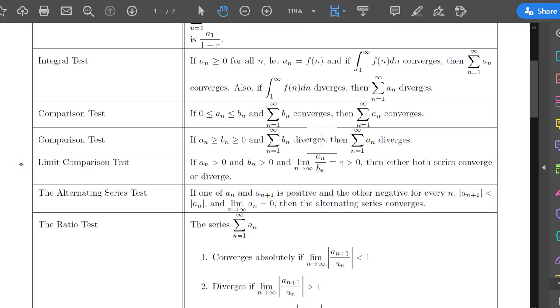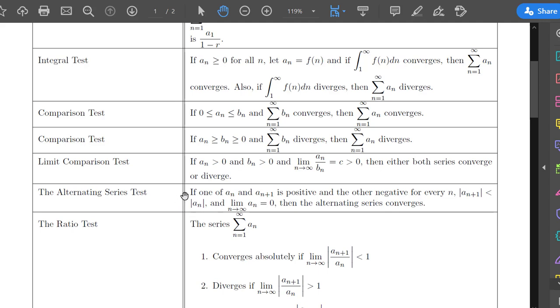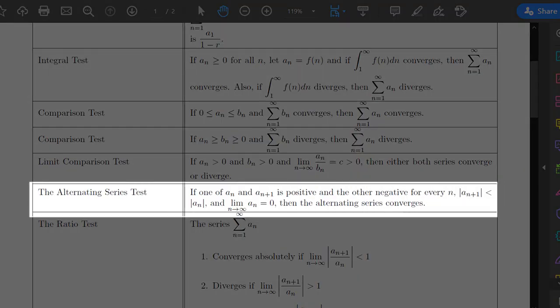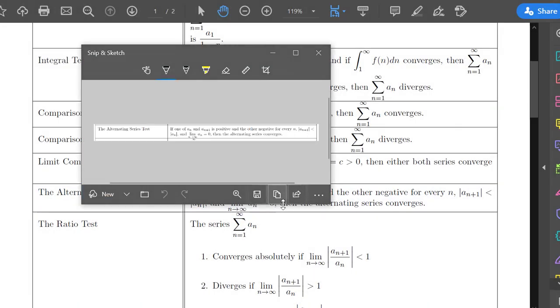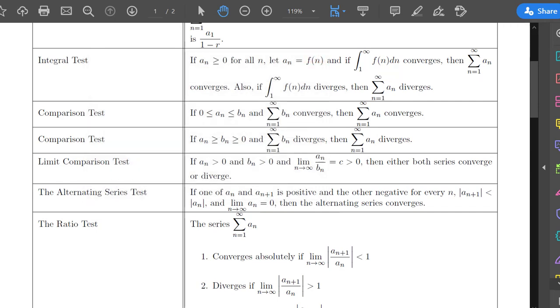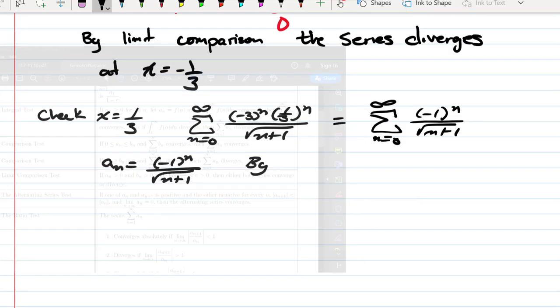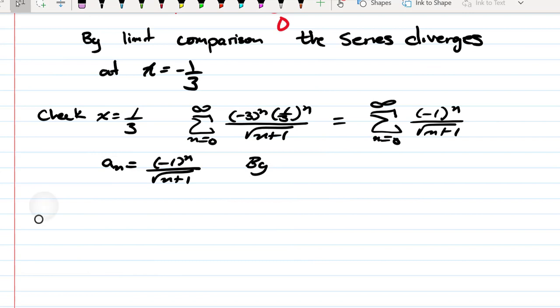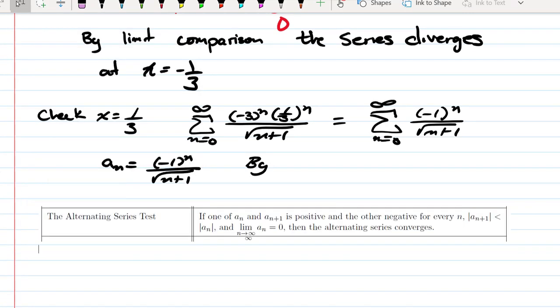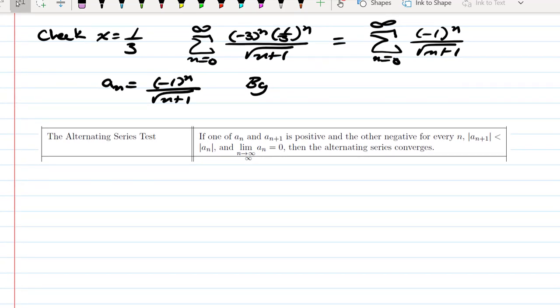So the alternating series test states the following. By the alternating series test, we see that it alternates, and it's decreasing every time n increases.